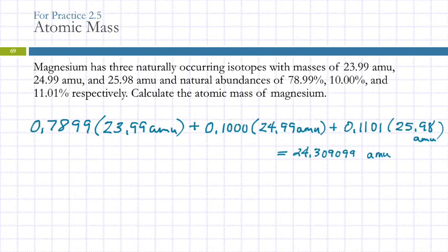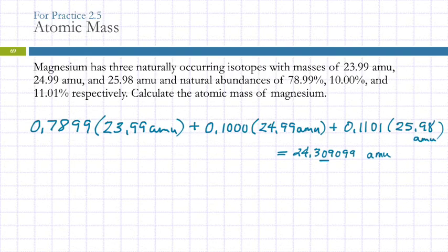So what I'd like you to do when you do problems like this is look at your individual masses, and that's probably going to be how you express your average mass. So I would probably want to keep 4 significant figures, the 2 decimal places that I had in my other masses.